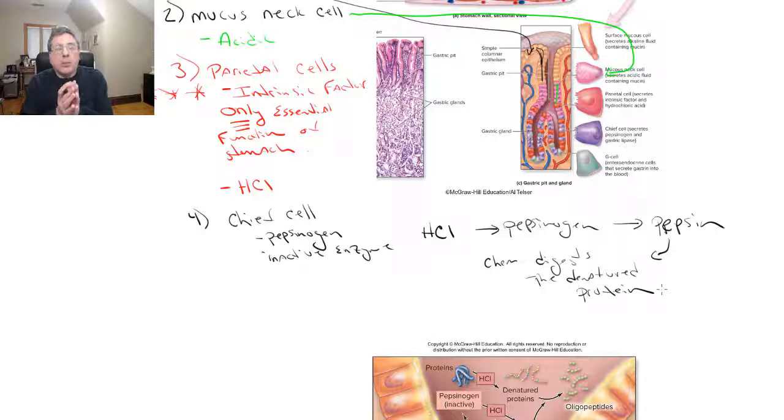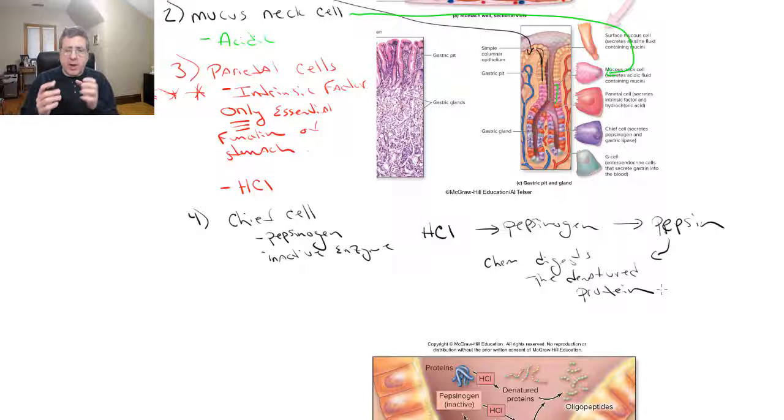Now, pepsinogen is not only converted to pepsin by the low pH of the hydrochloric acid, but it can also be converted to pepsin by other pepsin that is already in the stomach.